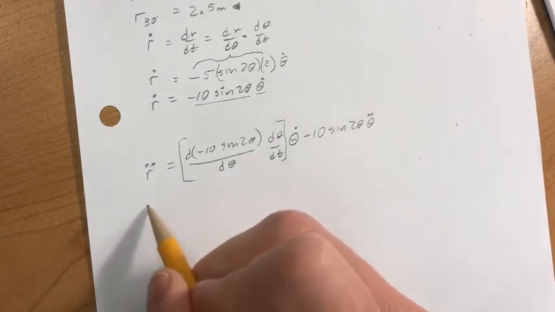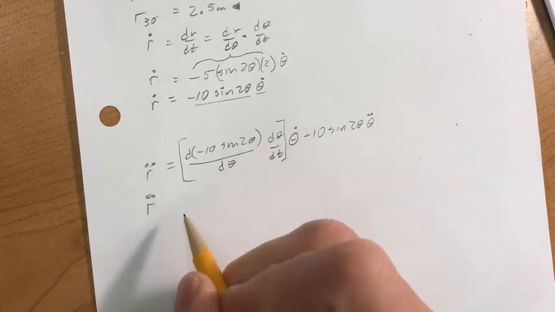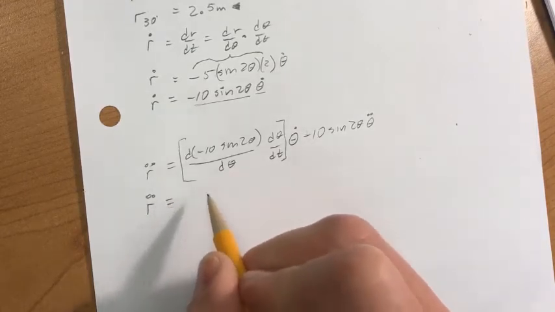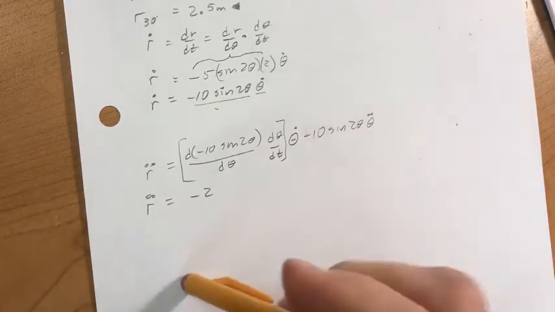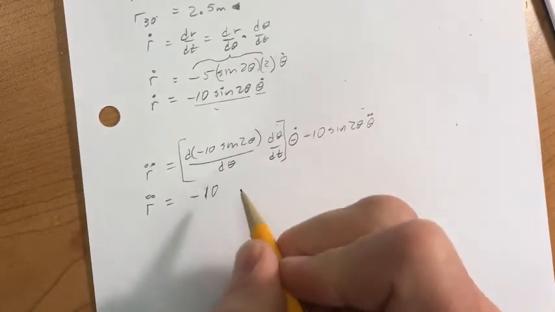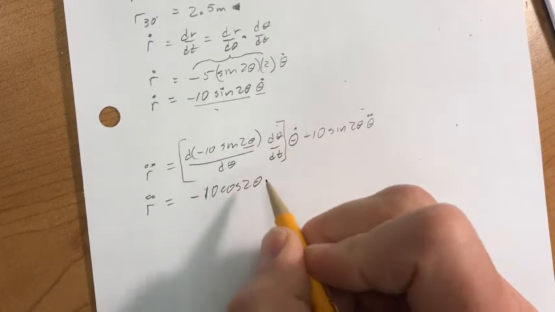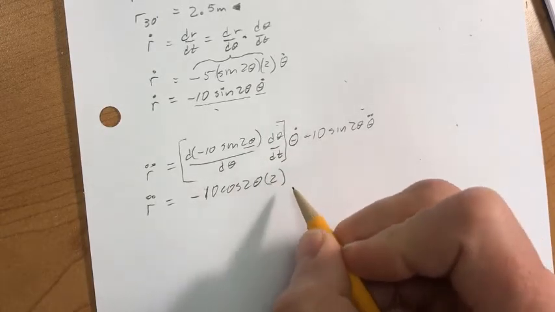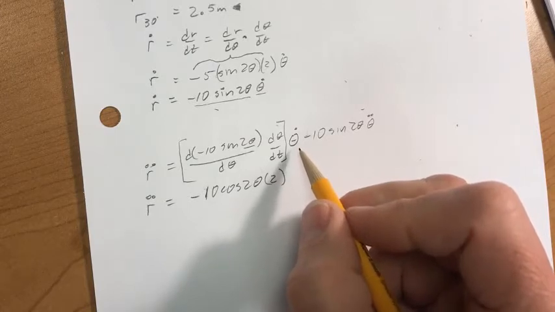Right, so I have r dot dot. The derivative of negative 10 sine of 2 theta is going to be, let me do it in process here, negative 10 cosine of 2 theta. Then I have to take the derivative of this part, which is 2, times d theta dt and d theta dt.